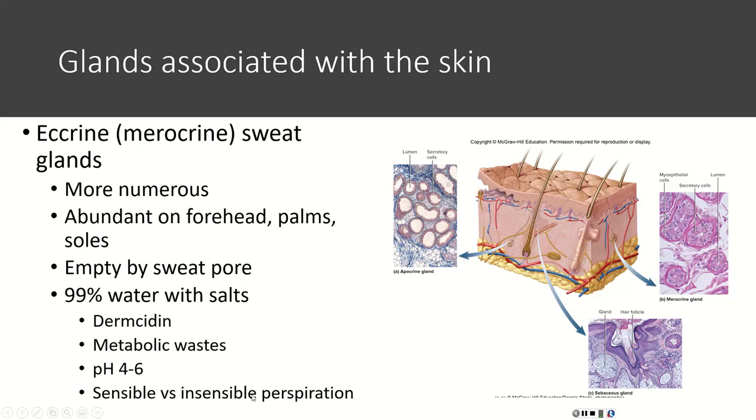We don't sense it. Now, when we're sweating and we realize it, you start to get some sweat building up on your forehead. That's called sensible perspiration, or sometimes diaphoresis. It is the sweat that you are very aware of.